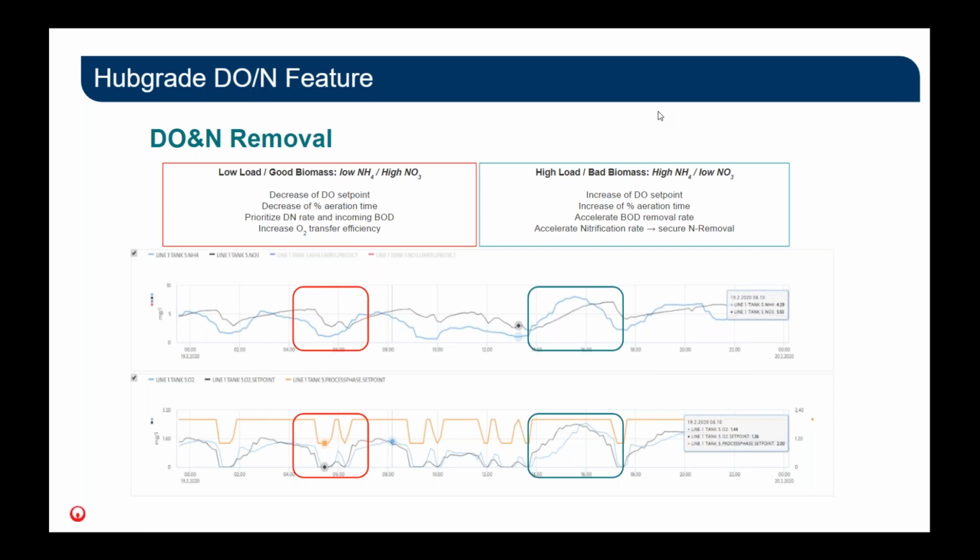The DO algorithm is going to be increasing the DO set point. The total amount of aeration or aerobic time is going to be increasing, and under those conditions you're going to see increased BOD removal rate and accelerated nitrification rate. Ultimately these two extremes are set based on, first and foremost, always ensuring compliance.